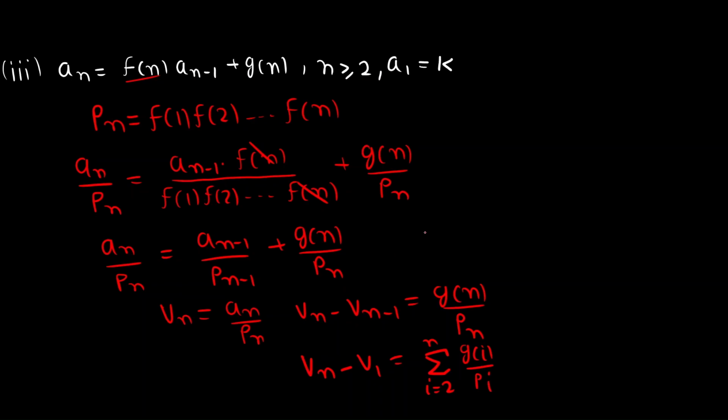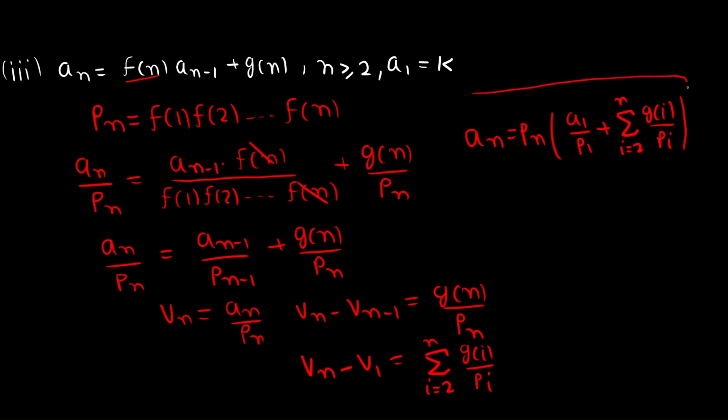And if we substitute an in place of Vn, we get an is equal to Pn times a1 by p1 plus summation i equal to 2 to n of g of i by pi. Now this is the solution. So this is how we convert anything of this form to a form we know, like the telescopic sum, and we deal with it. Let's see some more types.